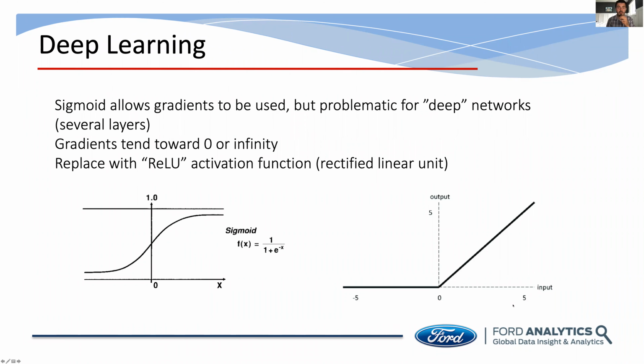So now all the derivatives of this function are 0 or 1. And so if you multiply a bunch of ones together, there's no issue of things getting too big or too small. So this, again, pretty simple idea was really enough to open up the gate to training some deeper networks.